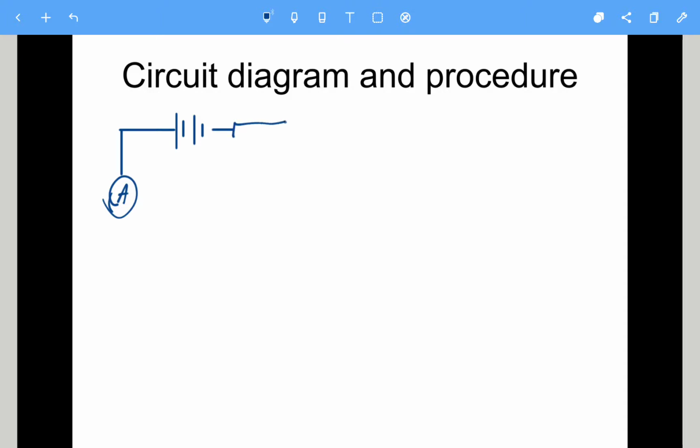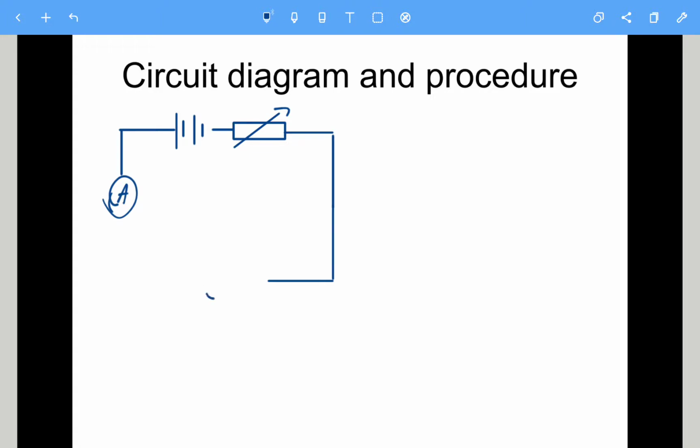Then we can go into a variable resistor. I've said this before, but this is essentially the power supply, a power pack that you might use at school. Right, let's finish this off.